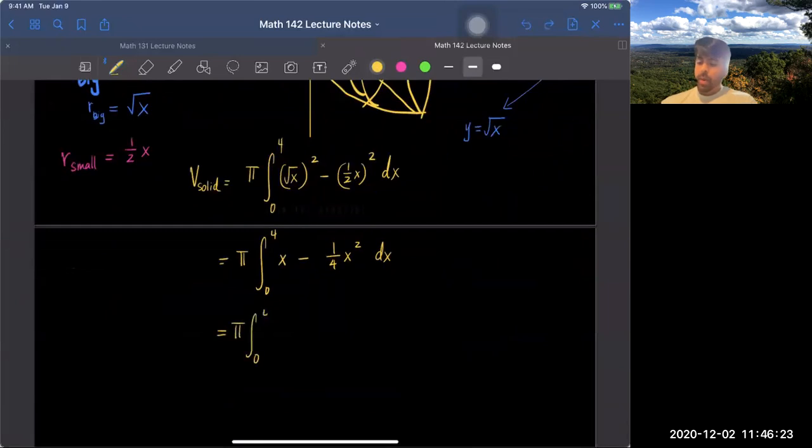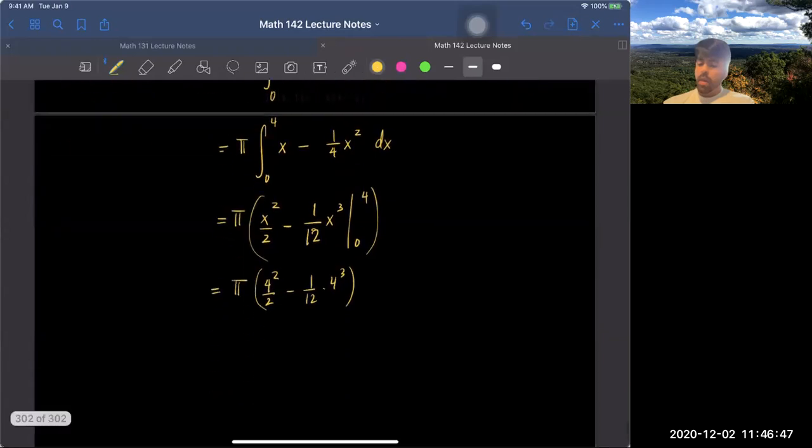Then the antiderivative, pardon me, the antiderivative would be x squared over 2 minus 1/12 x cubed, evaluated from 0 to 4. Then I can plug in the 4, I get 4 squared over 2 minus 1/12 times 4 cubed, and I get 16 over 2 minus 4 cubed is 64 over 12.